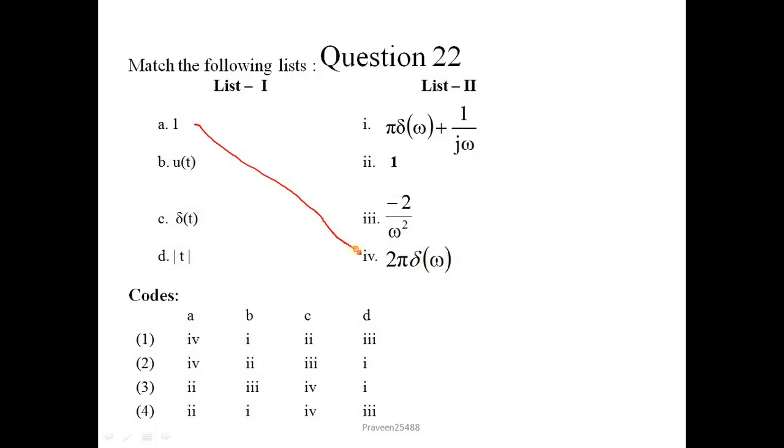The Fourier transform of the unit step function u of t is pi delta of omega plus 1 upon j omega. This is the impulse function delta of t. The Fourier transform of this is 1, and the Fourier transform of mod of t is minus 2 upon omega square. So the correct option is 4, 1, 2, 3. Here in option 1, this is 4, 1, 2, 3.